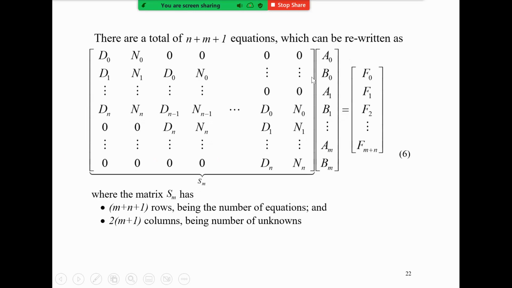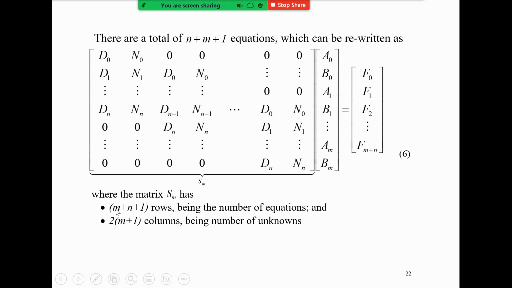Okay, and then we can even write them into a nice compact form, in terms of a matrix times a vector equals another vector. But let's just check how many unknowns there are, right? Those are the design parameters. We want to find out the values. In these equations, we know there are m plus n plus 1 equations.